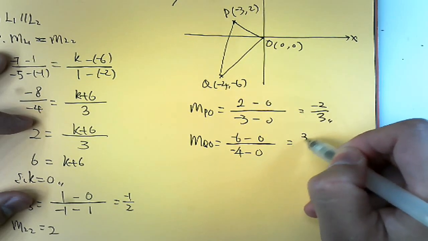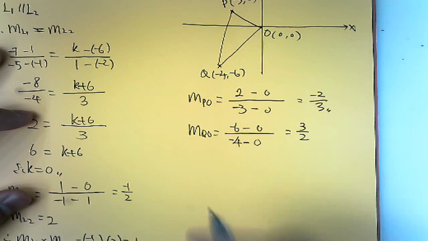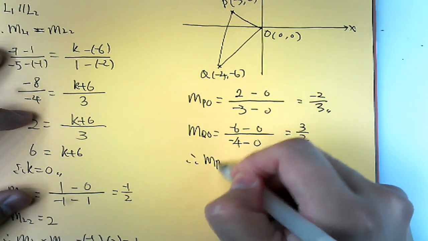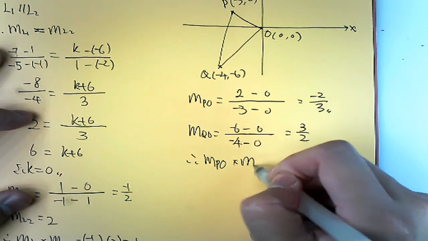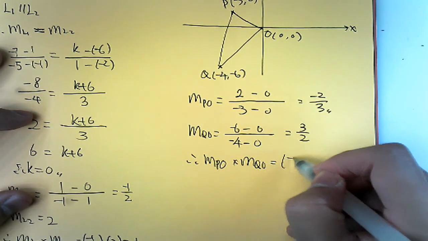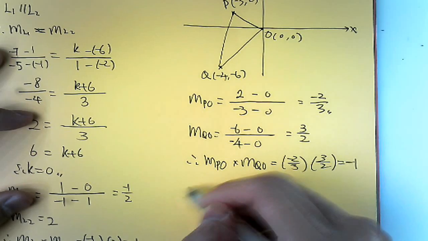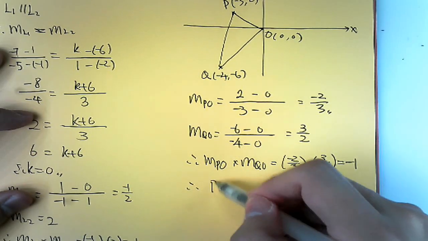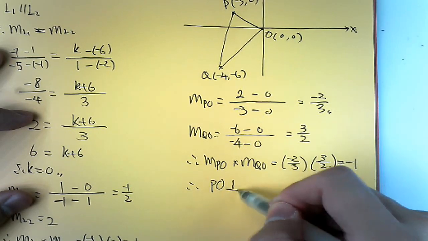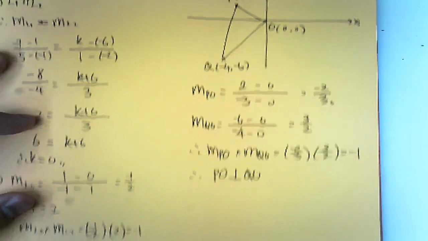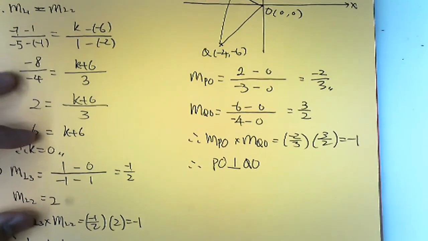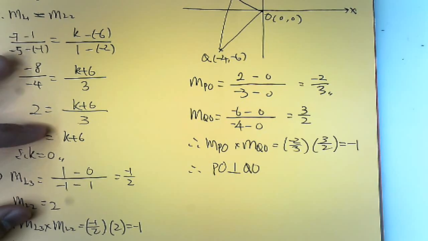It is actually 3 over 2. So you have MPO times MQO equal to minus 2 over 3 times 3 over 2, minus 1. So you have PO perpendicular to QO, right? So it is actually a right angle triangle, understand?